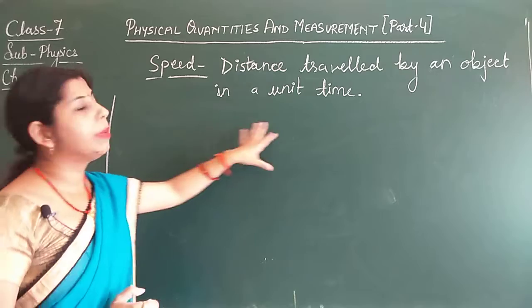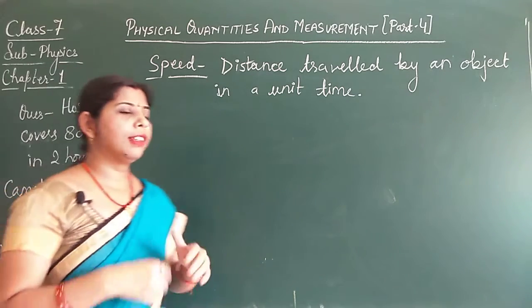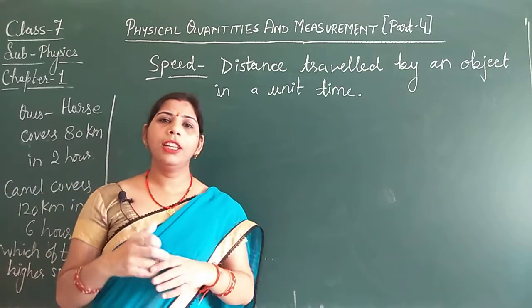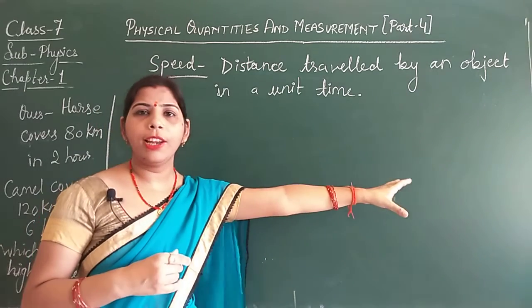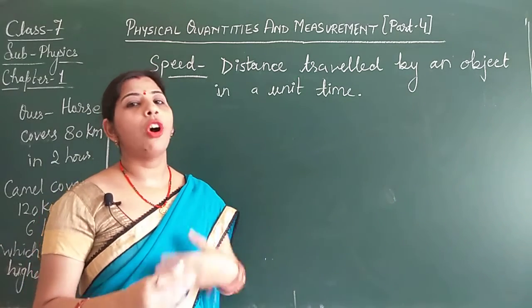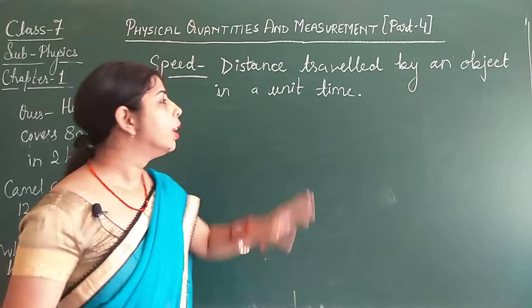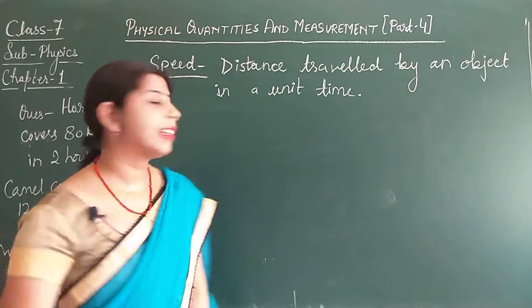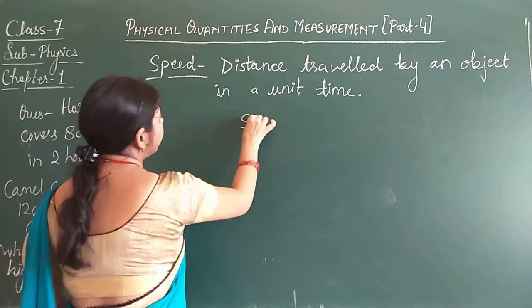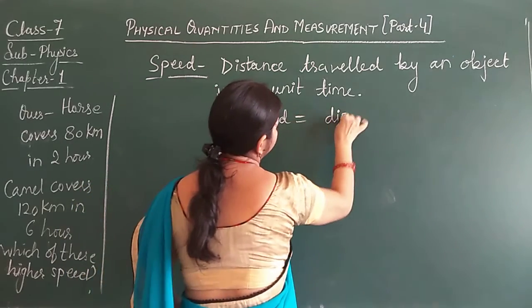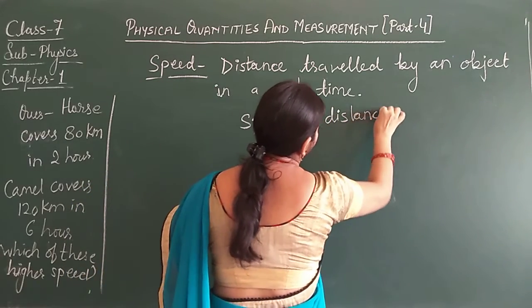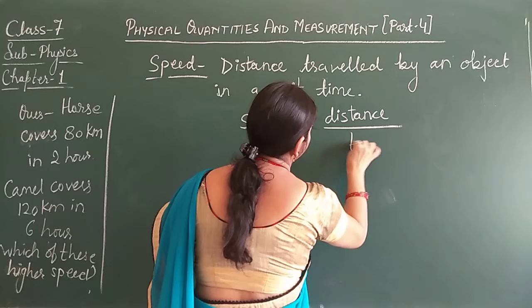That is the speed. Suppose someone is going by car and he is traveling 80 kilometers in 20 hours. So how can we define its speed? For this one formula is there: speed is equal to distance by time.